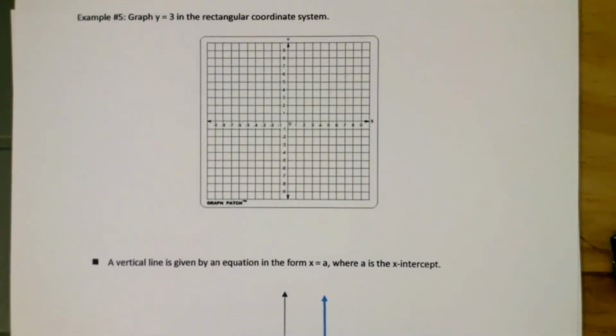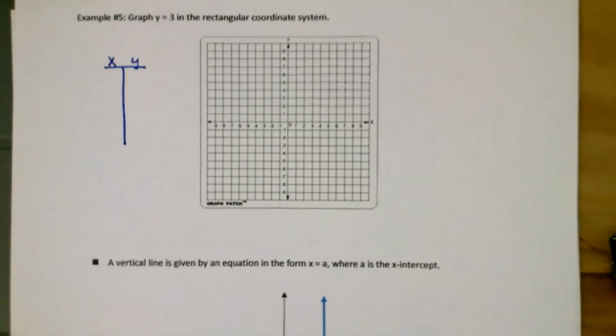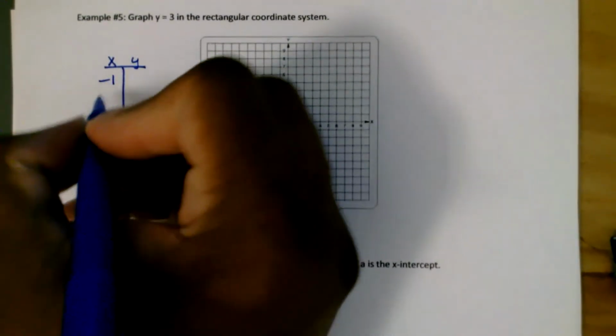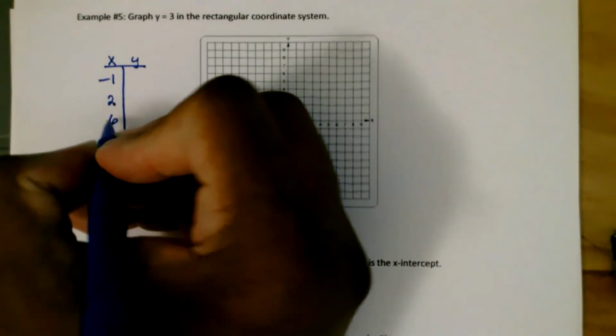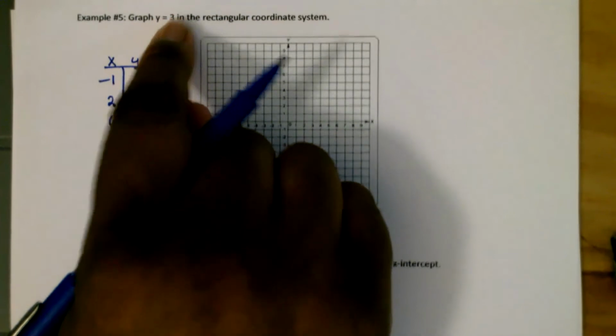Now, the way that I can do this is create an XY table. And I can pick any X value that I want. Like in this case, I can pick negative 1, and then 2, and 6. But regardless of what X is, Y is equal to 3.